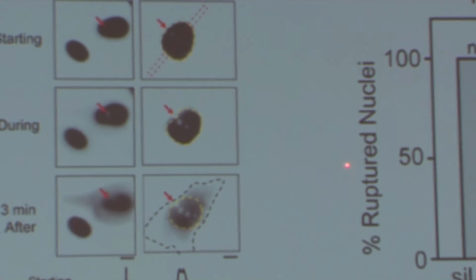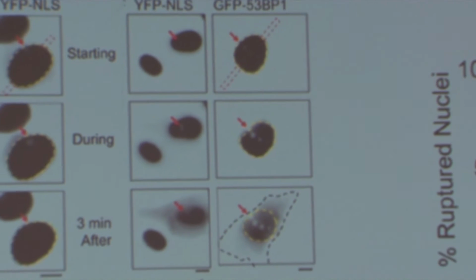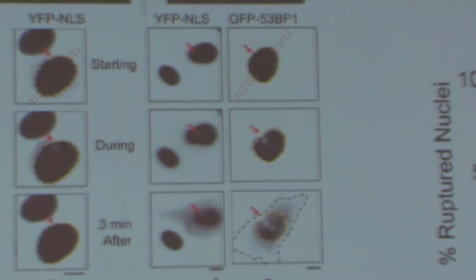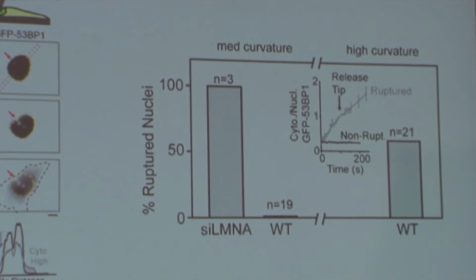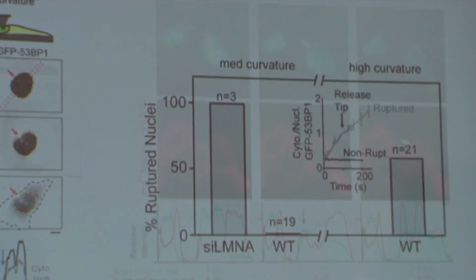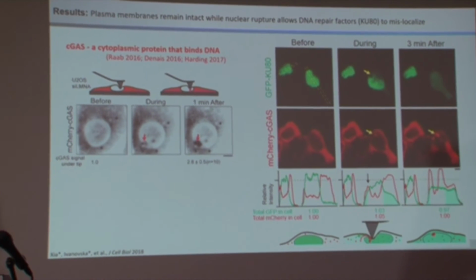And if we knock down lamin A/C, which we speculated has a protective role, then even a lower curvature tip is sufficient to break the nuclear envelope.